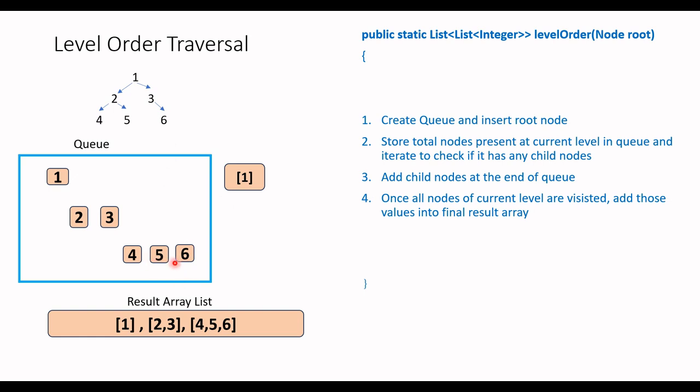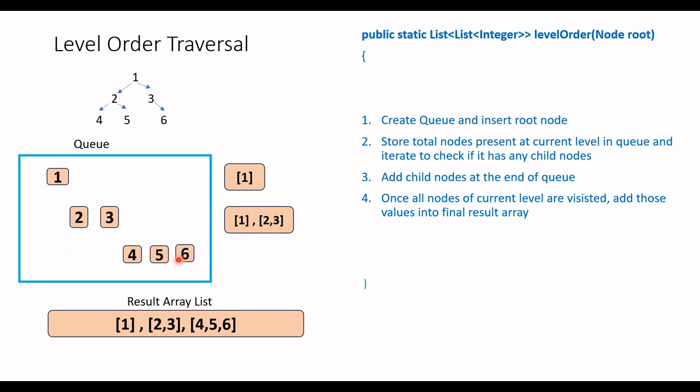Once all the child nodes have been added to the queue, we have visited all the nodes at the current level. So now these can be moved into the final list of arrays which we need to display. Once this level is visited, the queue is not empty and contains 3 more nodes.